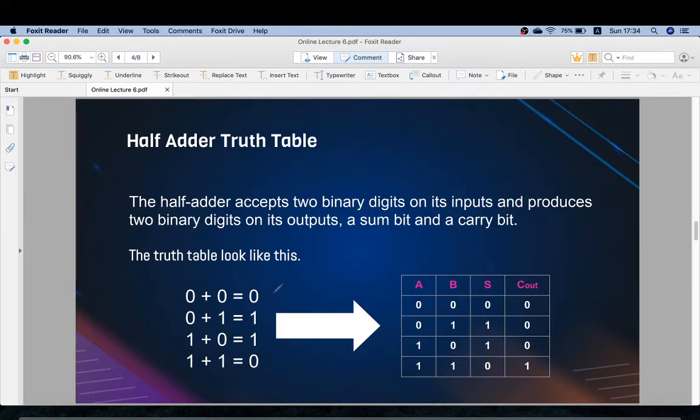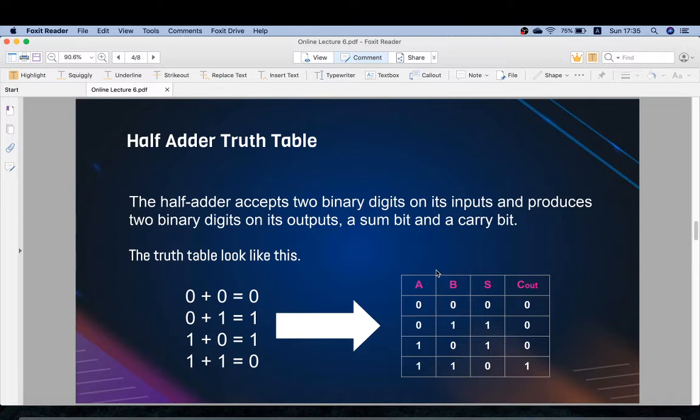Now in the third step, we need to draw the truth table. The half adder accepts two binary digits on its input and produces two binary digits on its output, a sum bit and a carry bit, and the truth table looks like the following diagram.